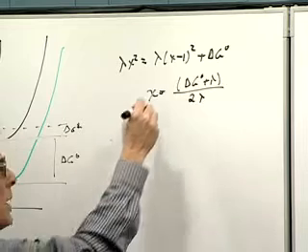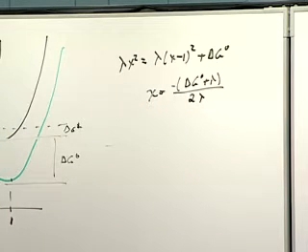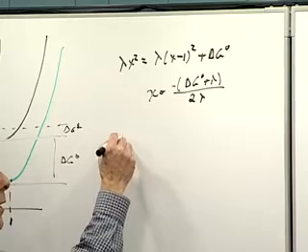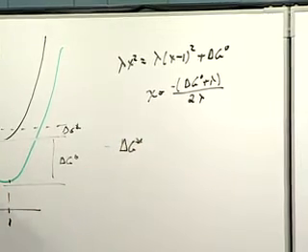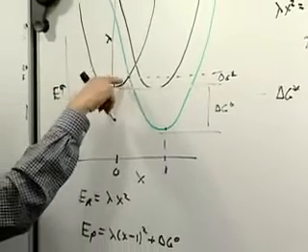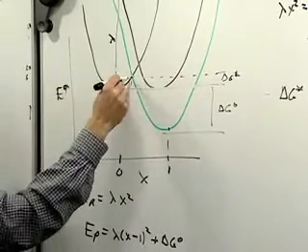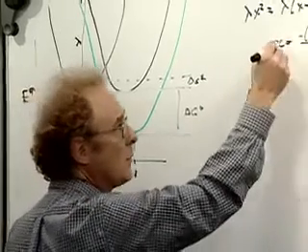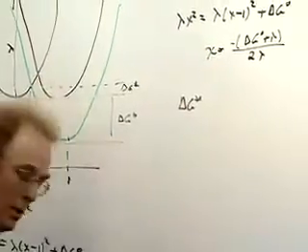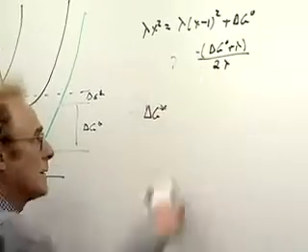I think there's a minus sign in there, maybe, but that isn't going to bother us too much. And so now we can ask what delta G star is, and that's going to be the energy of my reactants at this crossing point. So that's going to be lambda times x at the transition state squared.